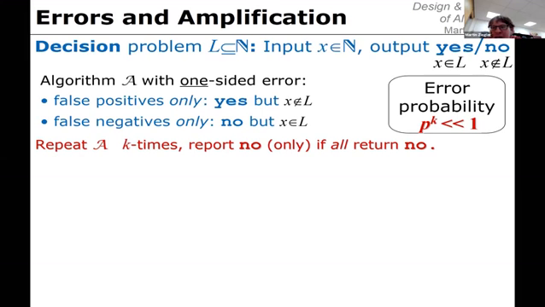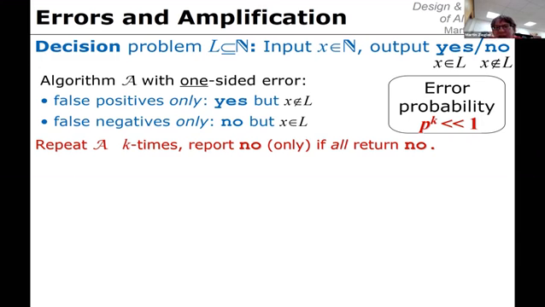Just to consider an example, let's say that the error probability is 1 over 2, 50%. If we repeat this algorithm 100 times, then the error probability will be 2 to the minus 100, right? And I recall this is comparable to the deterministic algorithm failing, right?